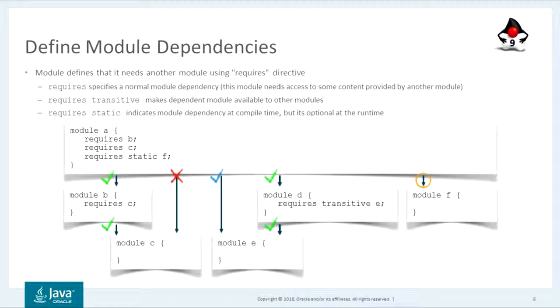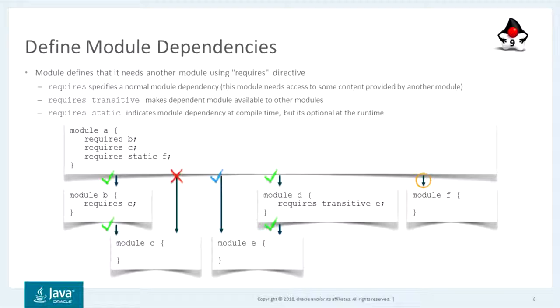So module E becomes available to module A because D exposed it as transitive. That's kind of the gist of the requires keyword.